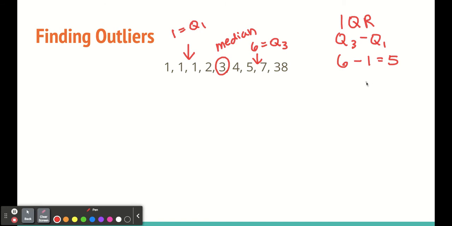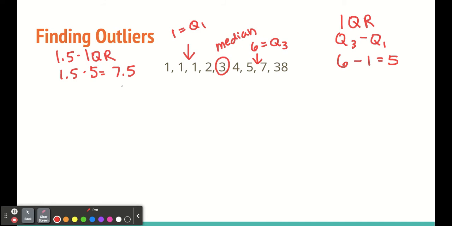Now I'm ready to actually start calculating whether or not there are outliers. To figure out if there are outliers, I use this 1.5 times IQR value. So 1.5 times 5 gives me 7.5. I've basically taken the interquartile range and stretched it out by what we consider to be a reasonable amount, sort of a made-up statistical reasonableness.